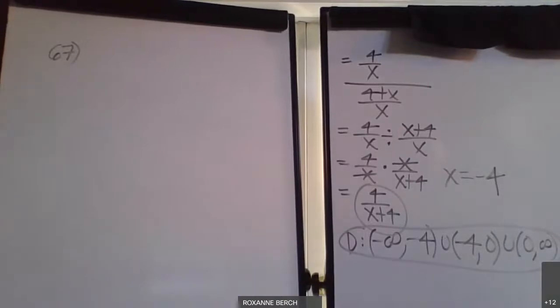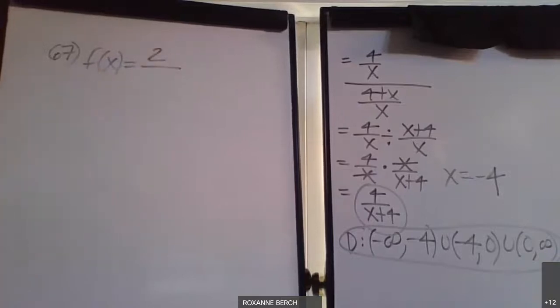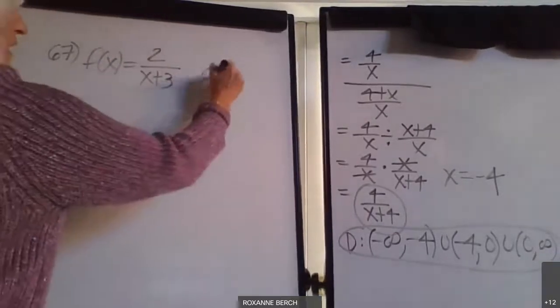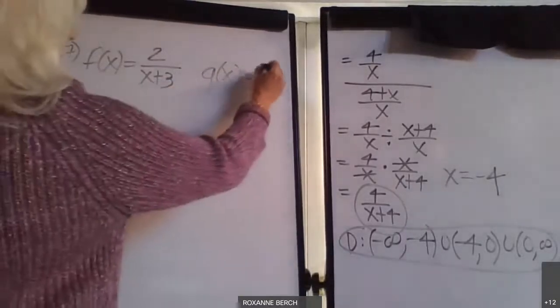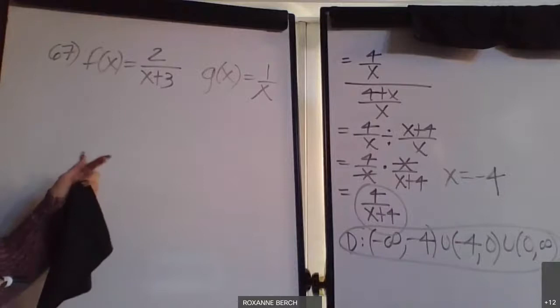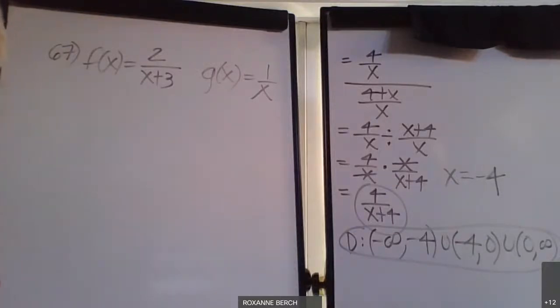Okay, so 67 is f of x equals 2 over x plus 3. That's rational. And the g function is also rational. It's 1 over x. What you're going to do is two things. You're going to find the composition of x, and then you're going to find the domain of the composition. All right, so let's see how that goes.